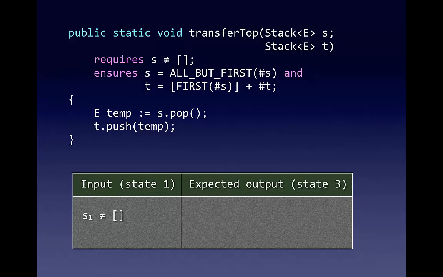For our expected output, it seems like we would want to put what's in the post condition. However, we have to use correct indexes for the variables. There are two kinds of variables in our post condition: variables with a hash indicating incoming values, and variables without a hash indicating outgoing values.